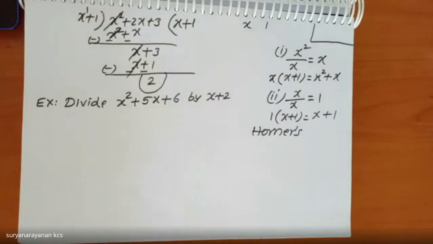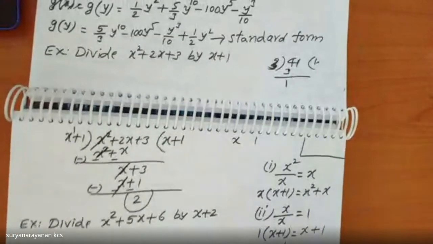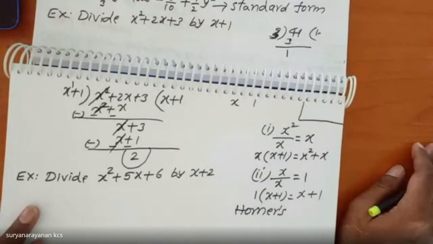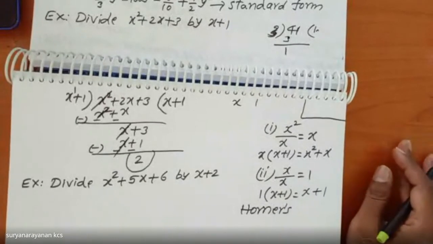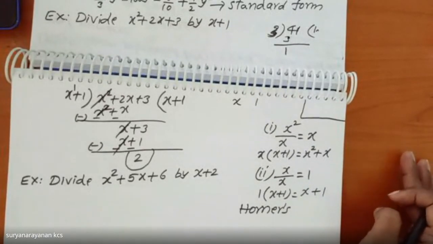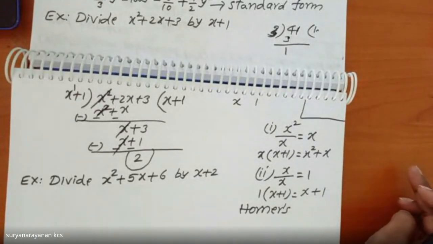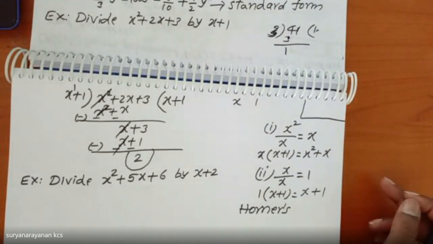Yes, that only I am telling you. Then the question will itself change, sir? No, the question will not be changed. If you rearrange the terms of a polynomial, the meaning does not change.